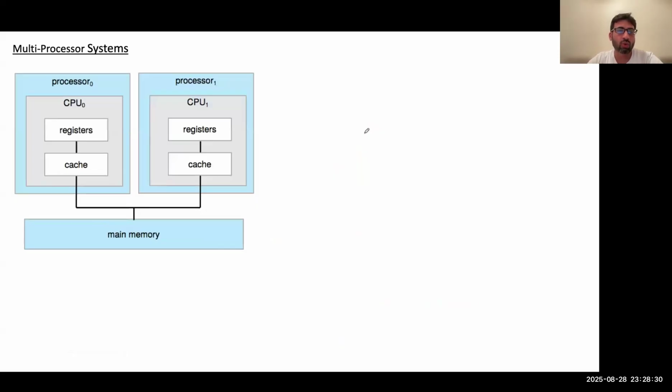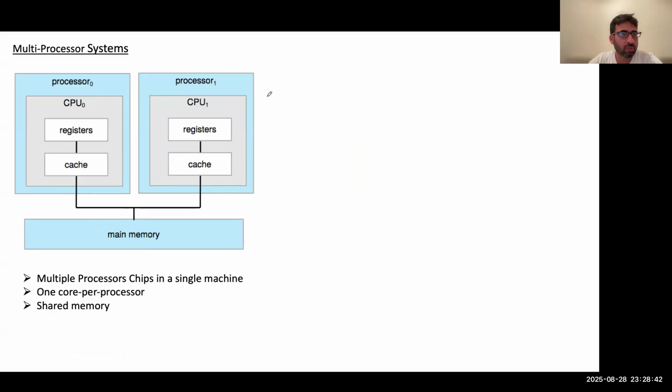So one solution is that I can use a multiprocessor system. A multiprocessor system is where we have multiple processor chips but on a single machine. Still, I have a single computer, but I have multiple chips. So this is an independent chip. This is an independent chip. So both of them constitute two different processors.